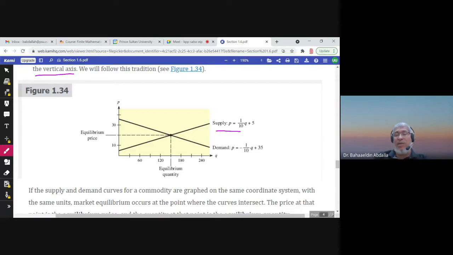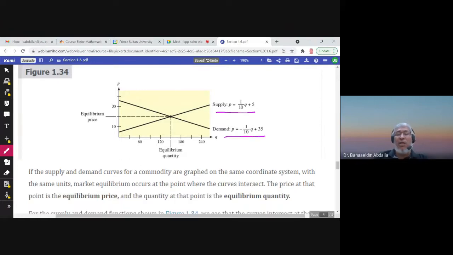This is the supply. And the demand is negative 1 over 10Q plus 35. So both supply and demand are given by P, the price, and they are functions of Q, the quantity. You notice that the supply is always increasing because when the price increases, supply increases.